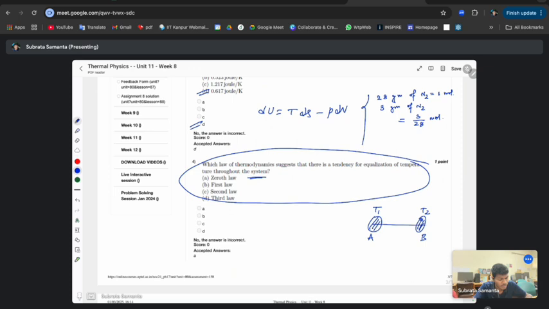When these two systems are connected, after some time they reach a common temperature Tf. So that is basically the zeroth law of thermodynamics. So option A is correct.